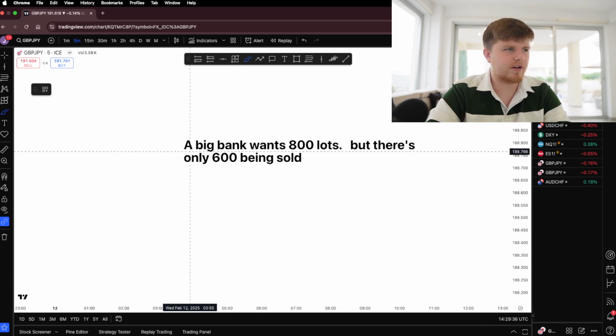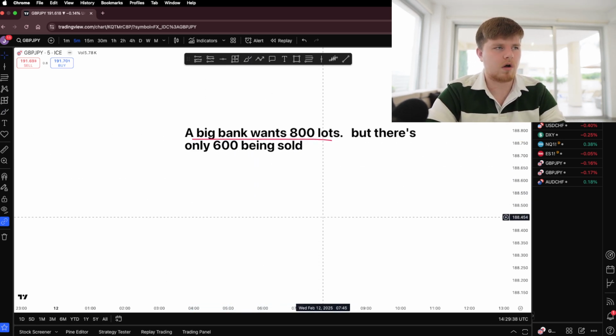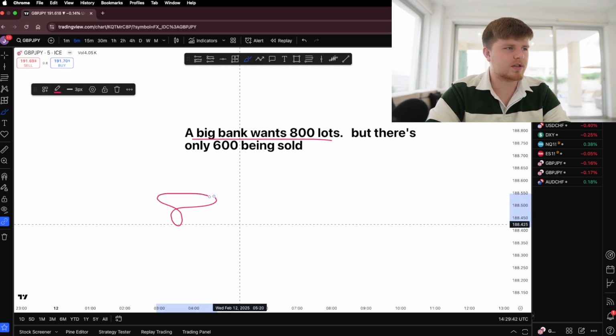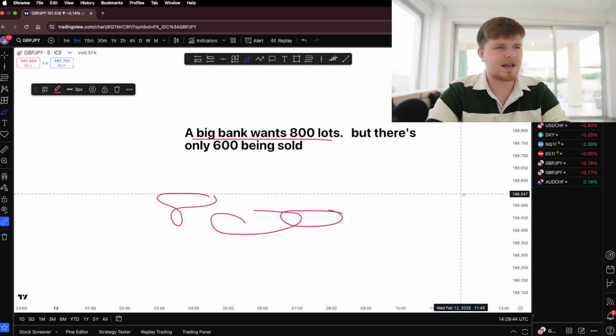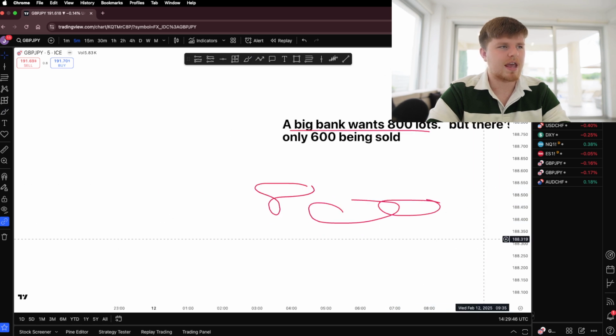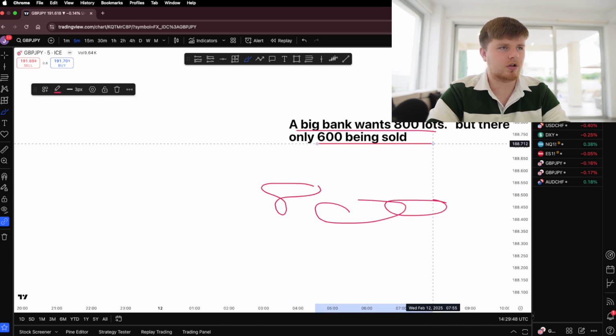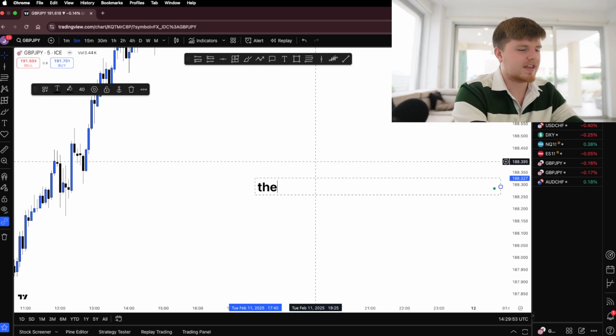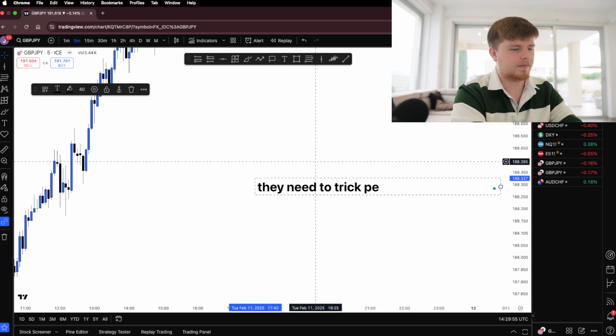We need to generate 200 lots worth of liquidity. How do we do that? If they want to buy 800 lots, that means there has to be 800 lots being sold. If there's only 600 lots being sold, they need to make 200 lots appear out of nowhere. In other words, they need to trick people into selling the market.